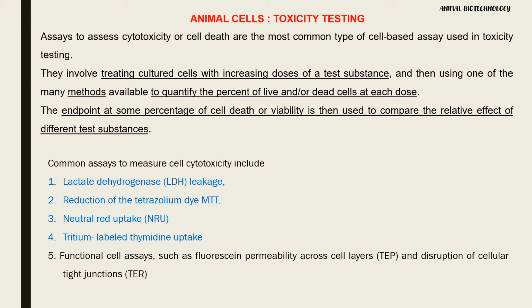The common assays used are lactate dehydrogenase leakage assay, reduction of tetrazolium dye MTT, neutral red uptake, tritium labeled thymidine uptake, and fluorescent assays to check fluorescent permeability across cell layers. We'll be discussing the first four assay methods in detail.